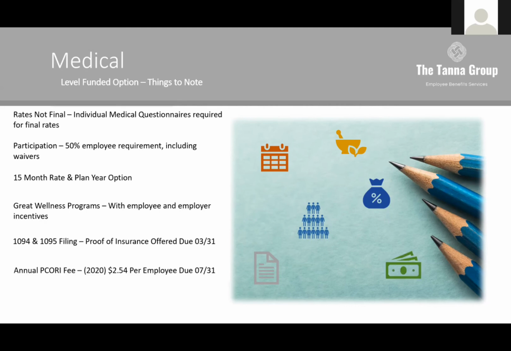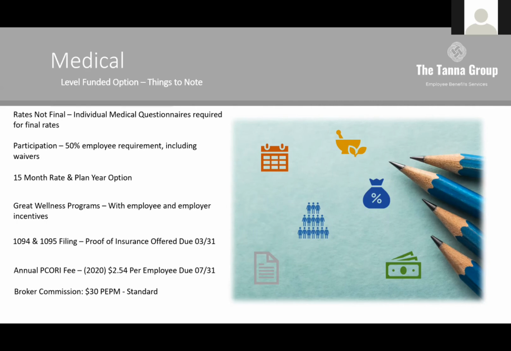The PCORI, P-C-O-R-I, stands for Patient Centered Outcome Research Institute. That's why they shortened it. It's a fee on issuers of level and self-funded plans that helps to fund the research institute's clinical research and research findings in medical studies.